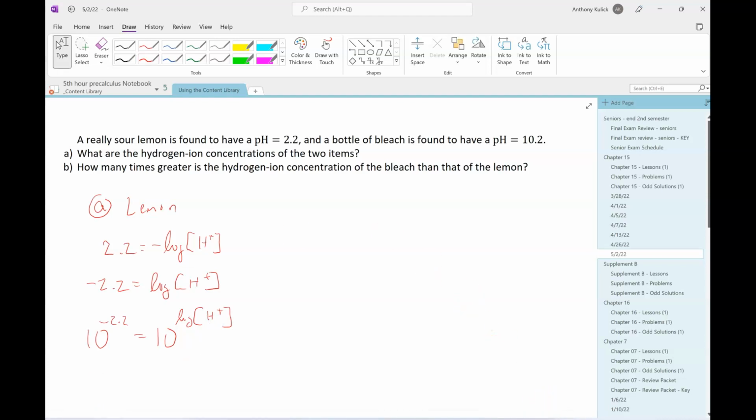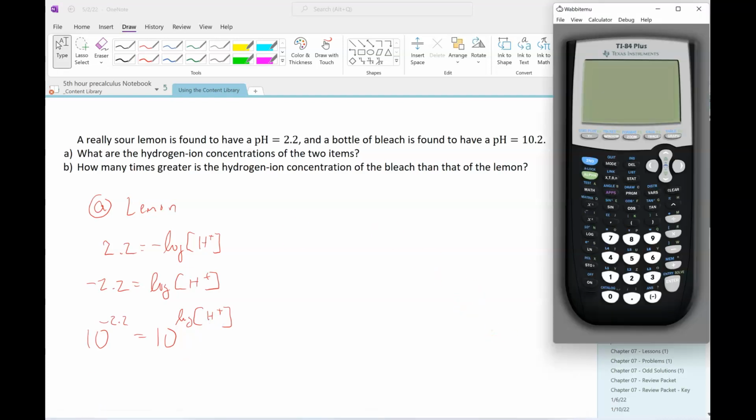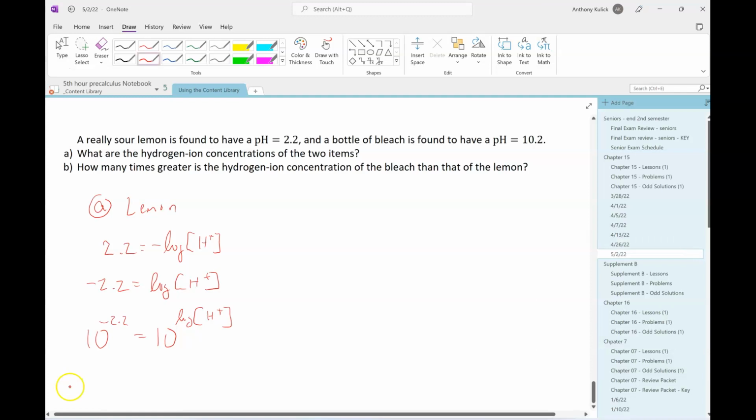So if I go to my calculator, 10 to the negative 2.2 is about 0.0063.